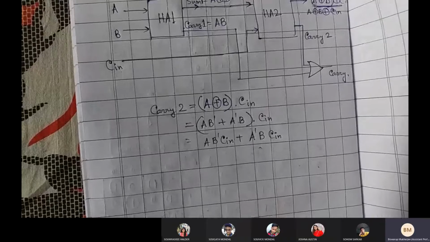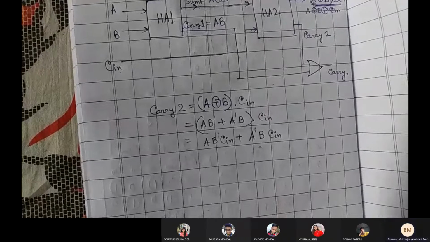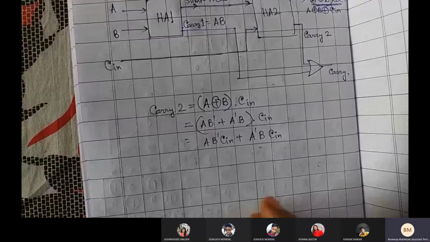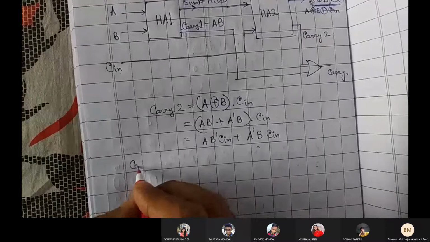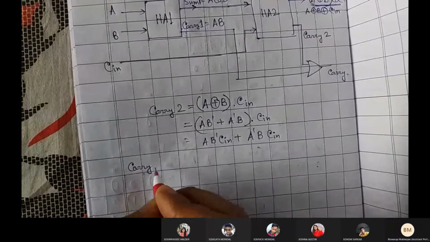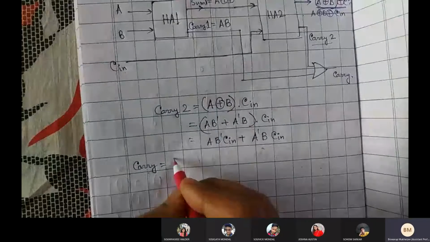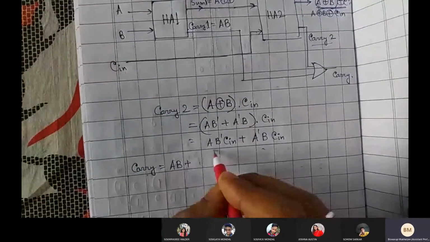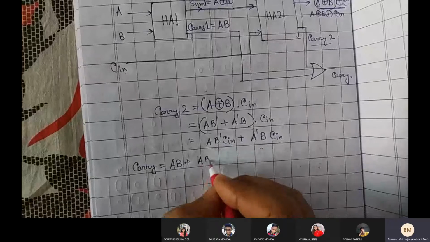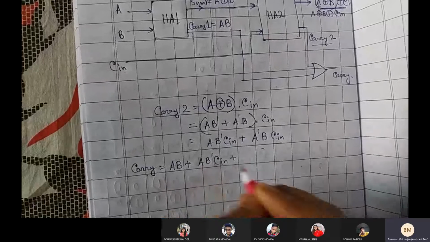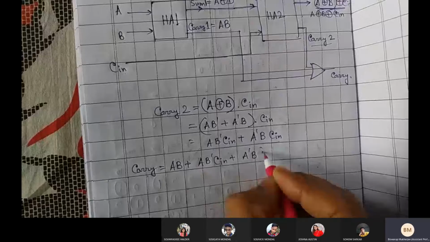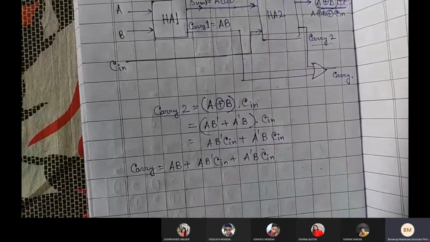I'm just keeping it as it is, just multiplying out, nothing else. Now the final carry is equal to this plus this, that is nothing but AB plus A B bar C in plus A bar B C in.